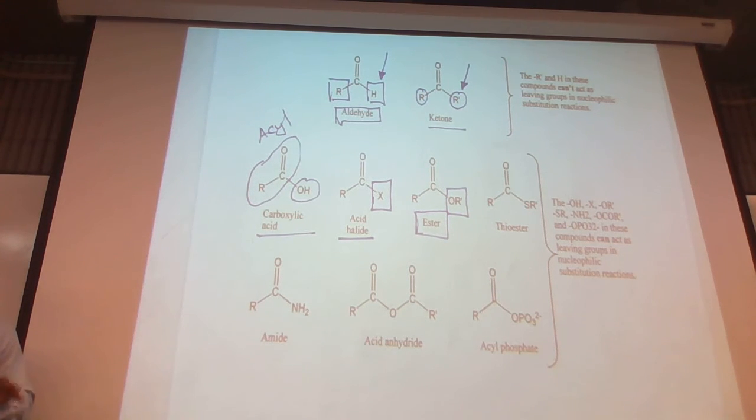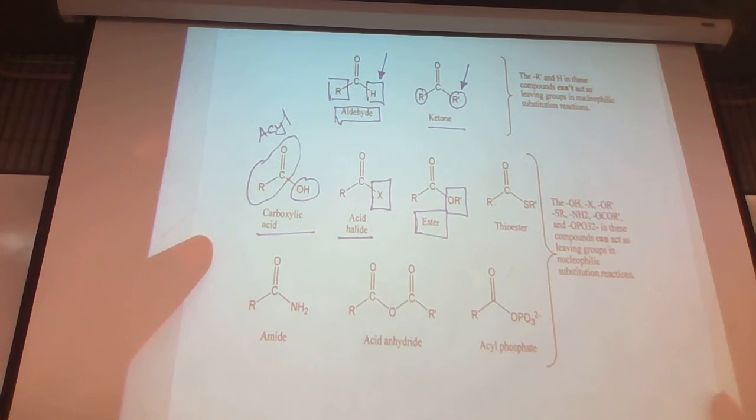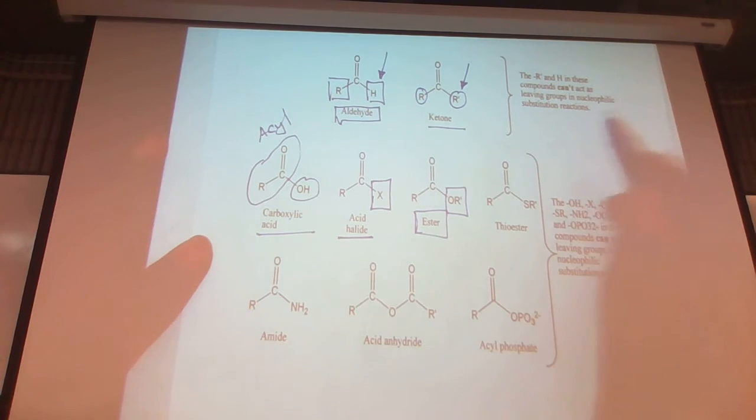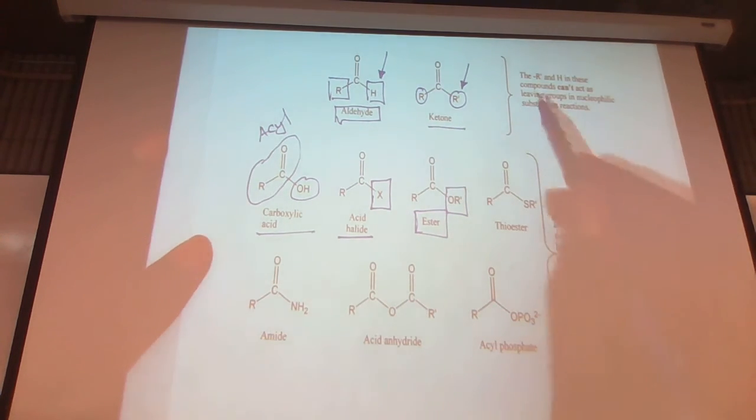Because they are poor leaving groups, you cannot conduct a substitution reaction on the aldehyde and ketone. The only reaction you can conduct is an addition reaction, a nucleophilic addition reaction.